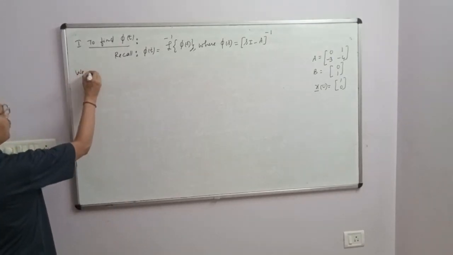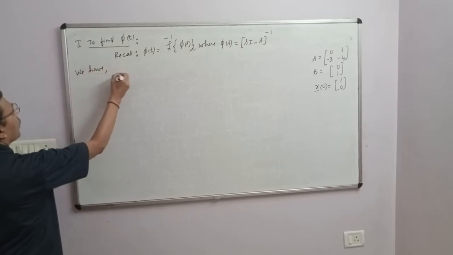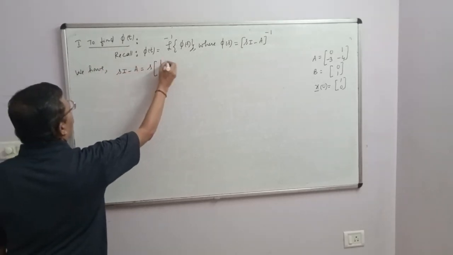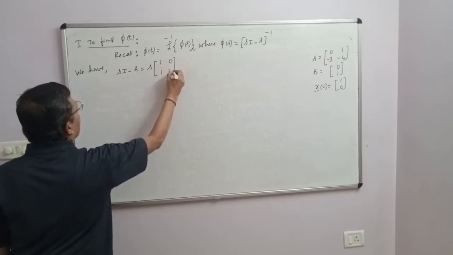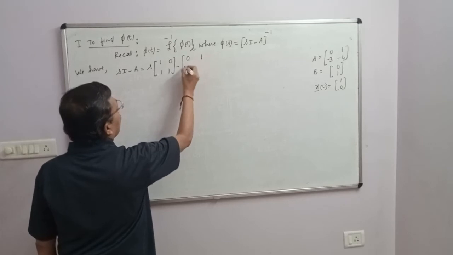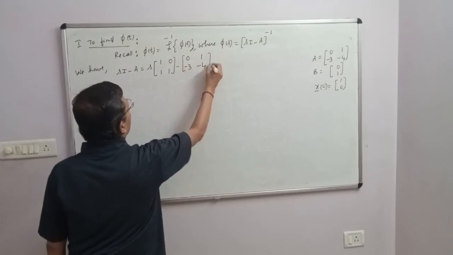We have sI minus A equals, what is I? 1, 0, 0, 1. What is A matrix? A matrix is 0, 1, minus 3, minus 4.